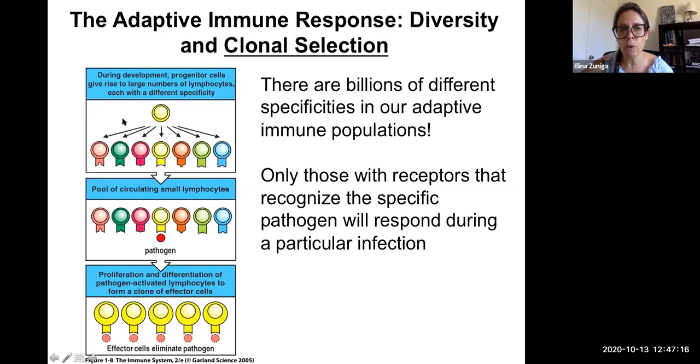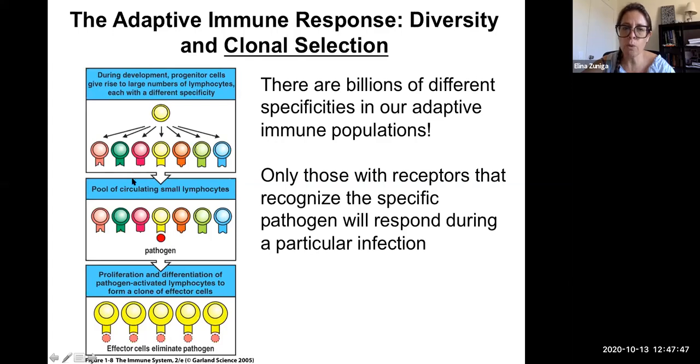So we will have many lymphocytes, but very few specific for HIV, very few specific for influenza. It's very hard to even detect them, they are so few. And that's why it's necessary to clonally expand them. This clonal expansion of the pathogen-specific lymphocytes takes time, and this is why the adaptive immunity is slower.